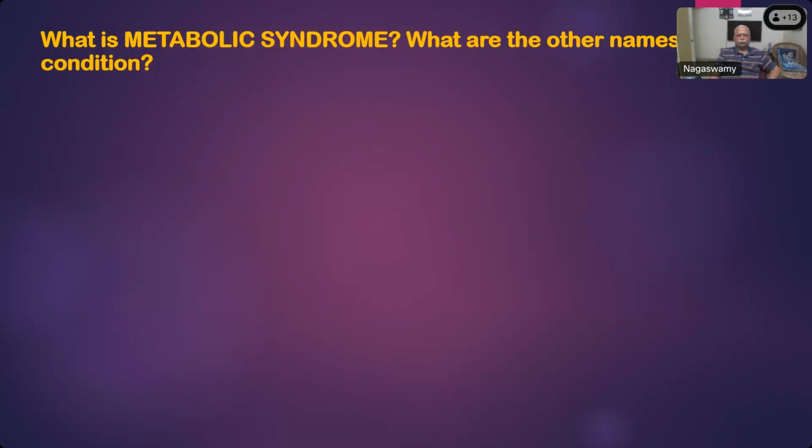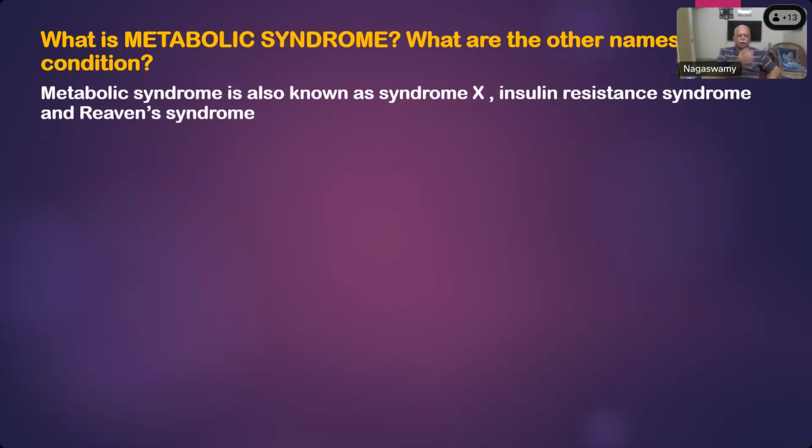Rise in triglyceride level of more than 150 milligram per deciliter. Rise in waist hip ratio. So metabolic syndrome is also known as syndrome X, okay, or also known as insulin resistance syndrome, or also known as Reaven syndrome.